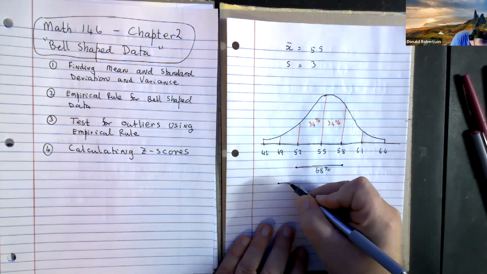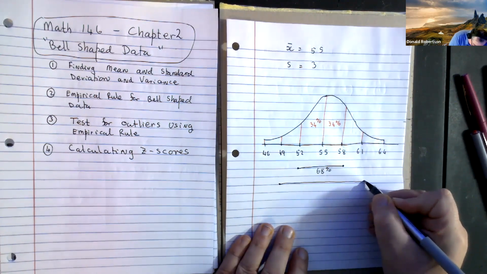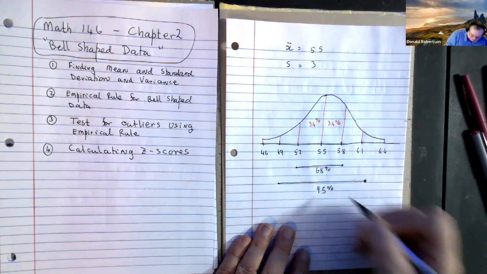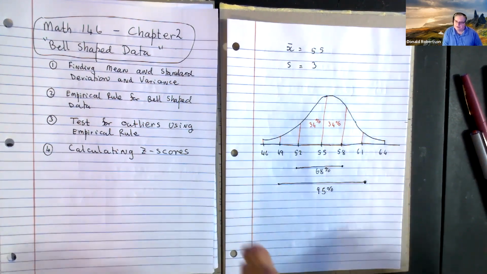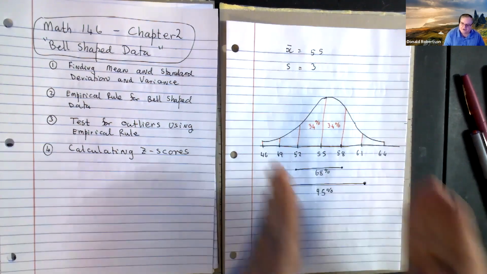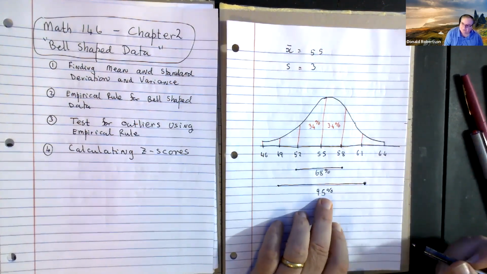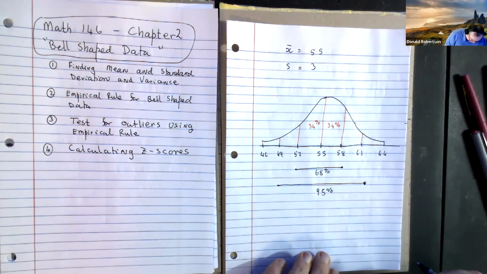Now the next one's going to get messier. 2 standard deviations is 95%. Agreed? So from 49 to 61, from here to here, it's 95%. Why is it going to get ugly?